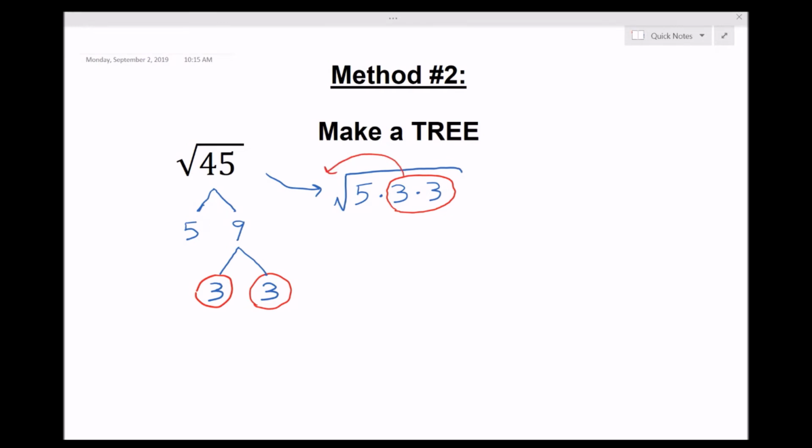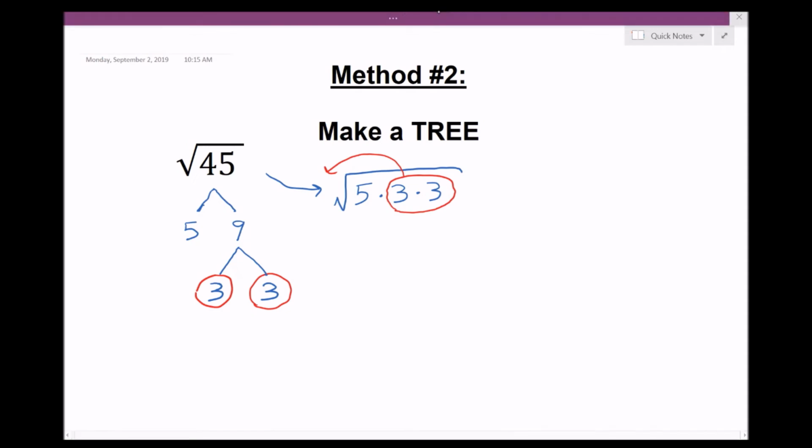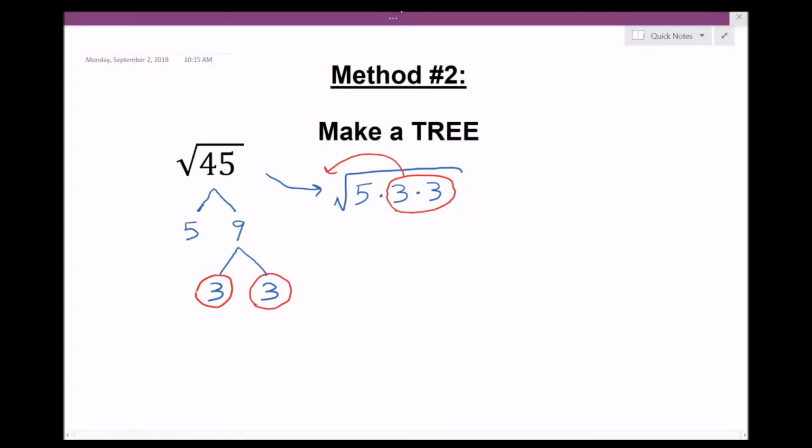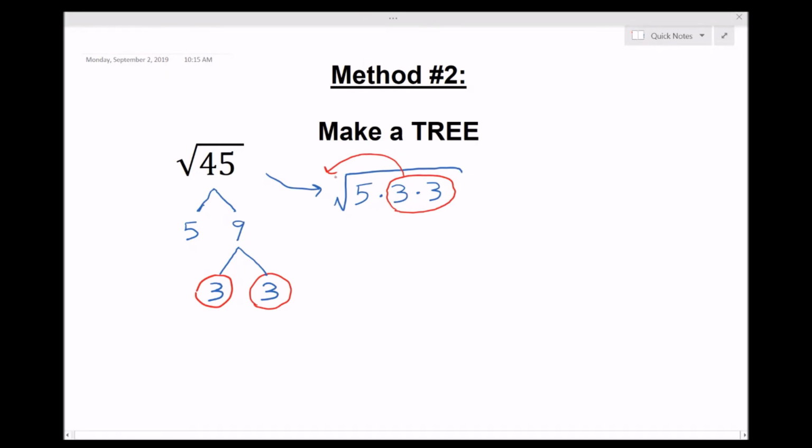Now, when a pair comes out, this is like 3 times 3, so 3 squared. And to come out of the square root, you can think of the square root canceling, there being 2 3s. So you take this pair of 3s, you write it out here, but each pair only becomes 1 3. So 3 out here.